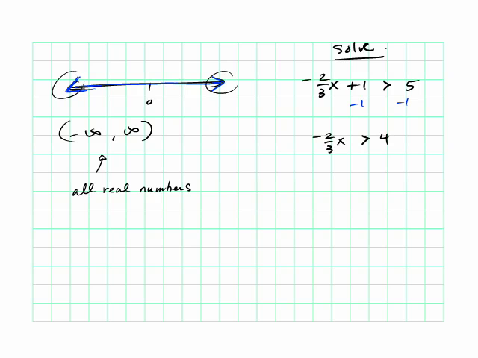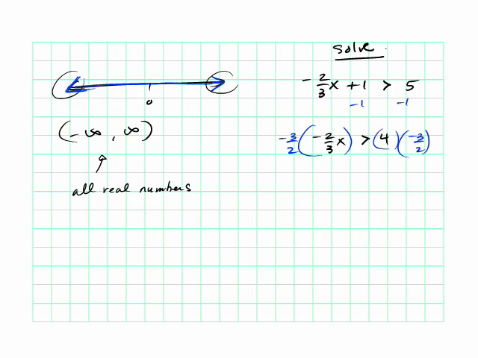Now I need to get rid of the negative 2/3 multiplied to the x, so I can multiply by the reciprocal of the fraction. That's one way to get rid of that fraction. The reciprocal of negative 2/3 is a negative 3/2. So I multiply both sides of the inequality by negative 3/2.